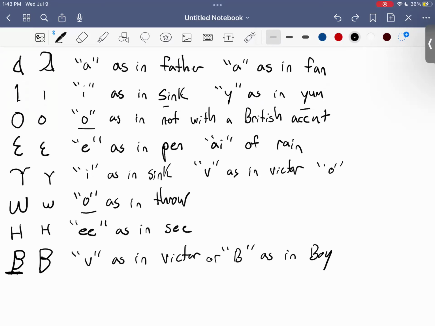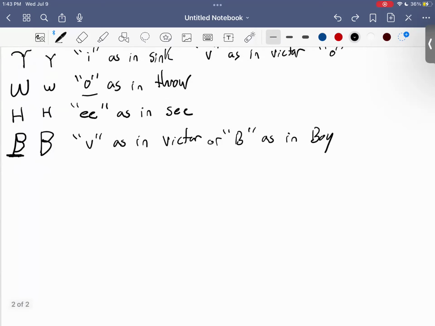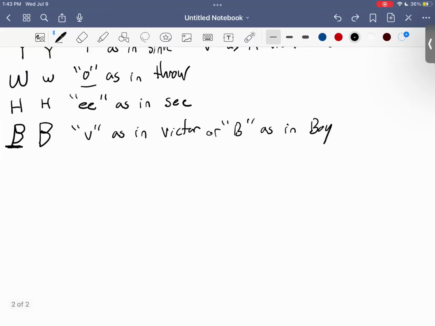The next one that I want to introduce that's going to look pretty familiar is kappa. Okay, kappa, pretty much looks identical, uppercase and lowercase, and it's going to make a K sound as in cook. Pretty straightforward. The next we have is sima, which makes an S sound, as in salad.